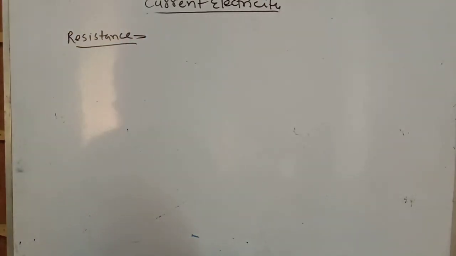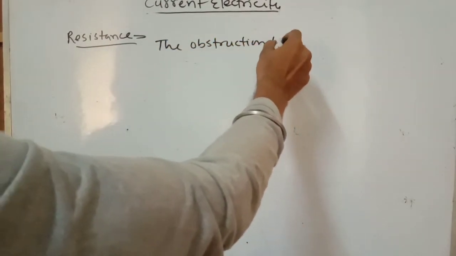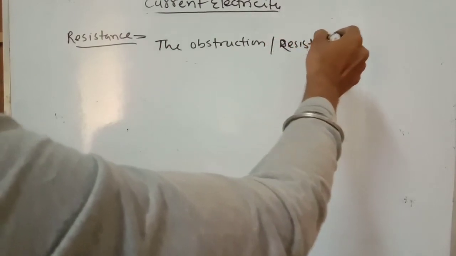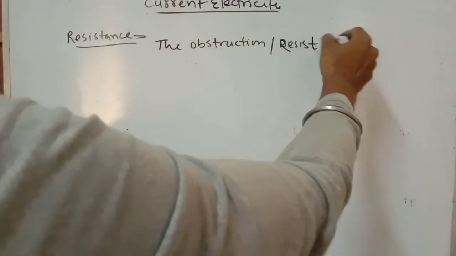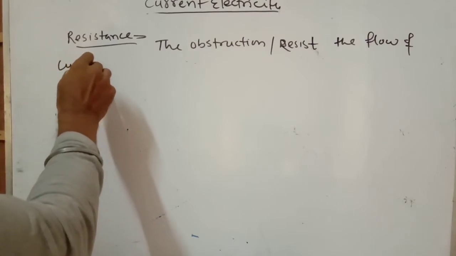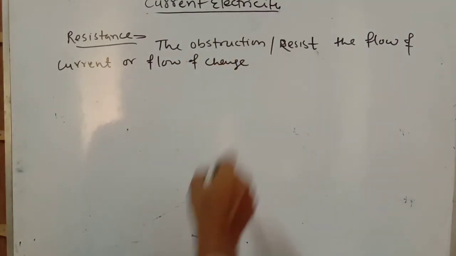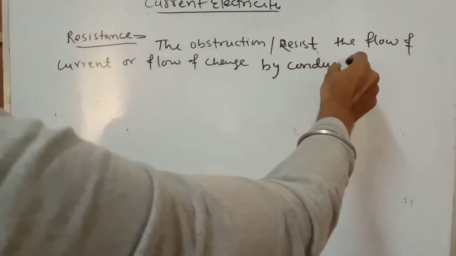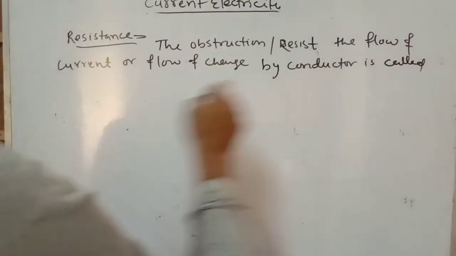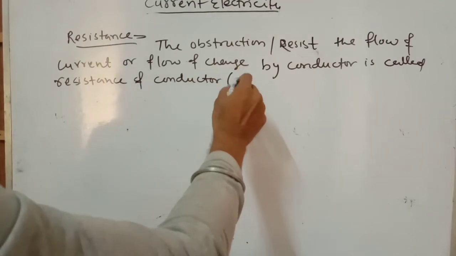The obstruction or restriction offered to the flow of current or flow of charge, here meaning the flow of electrons, by the conductor is called the resistance of the conductor, and its value is R.